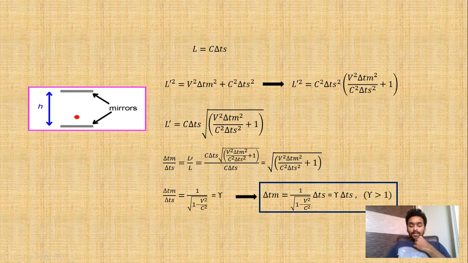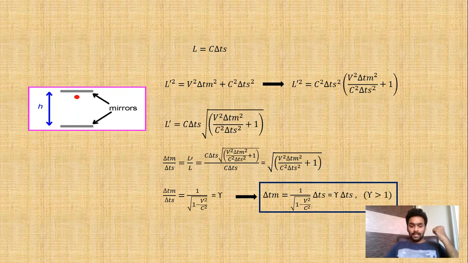So finally, I would like to calculate the ratio of the time taken by the moving clock to the time taken by the stationary clock, that is delta Tm by delta Ts. Since the speed of light is constant, delta T is only dependent on the length traveled by the light beam.